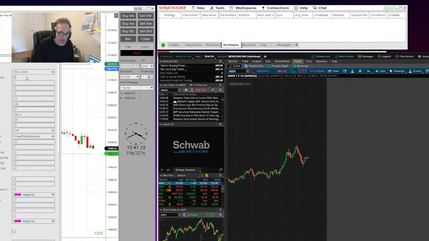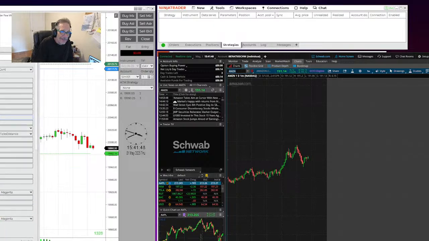So finishing the reverse continuation, just one position, a 70 tick target. Remember, the goal of the reverse continue is really just to get in a trade and be able to trail. That's all. Okay. I didn't do any breakouts at all. So everything will be revealed.